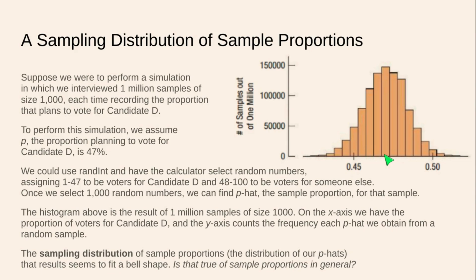And here's the big question. Is this a one-time thing, or is this true of sample proportions in general? If we find many sample proportions with the same assumption of what the true proportion is, do we always get that bell curve? And the answer is yes.